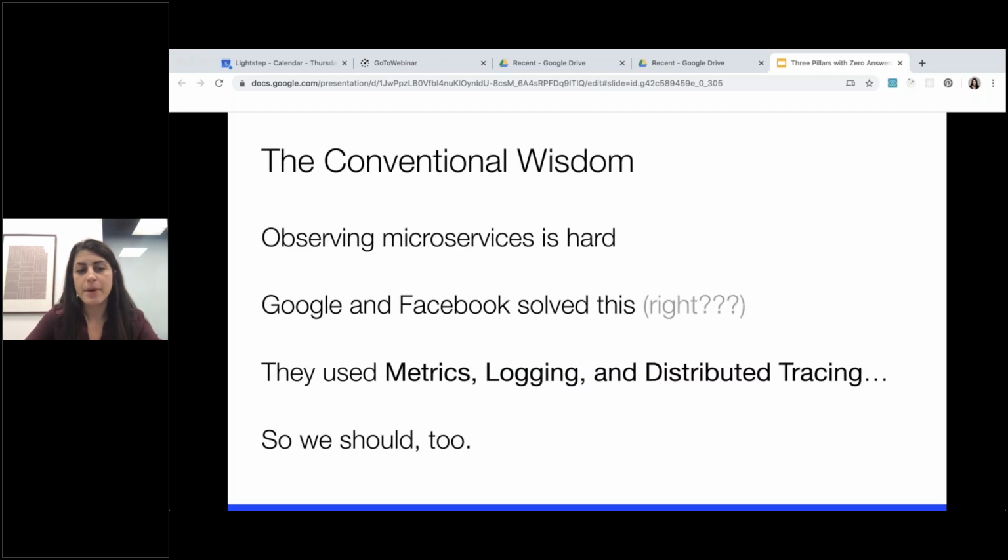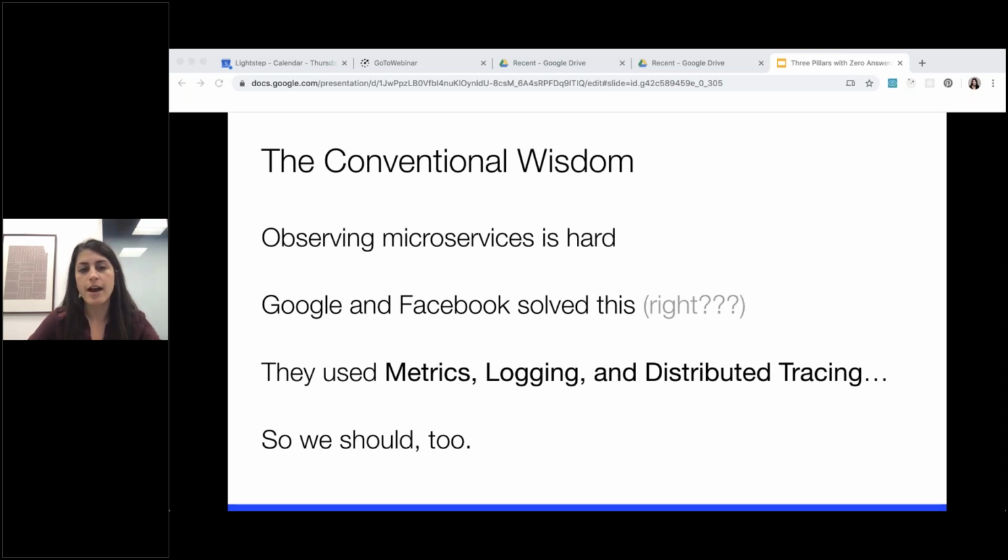So there is a bunch of conventional wisdom out there. Currently, we know that observing microservices is really difficult. Any software engineer who has written or deployed microservices knows that this is true. I personally have experienced this pain point a lot throughout my career. There's also this perception that large companies like Google and Facebook have actually solved this problem.